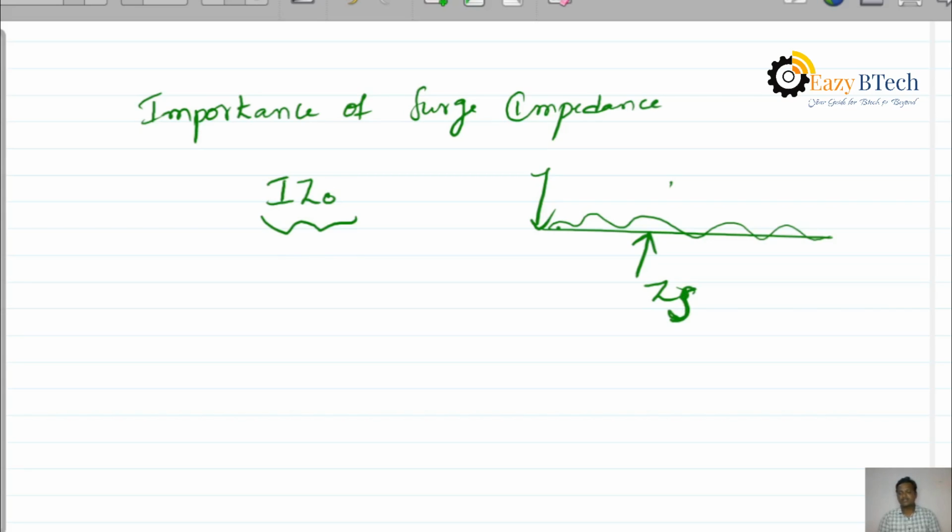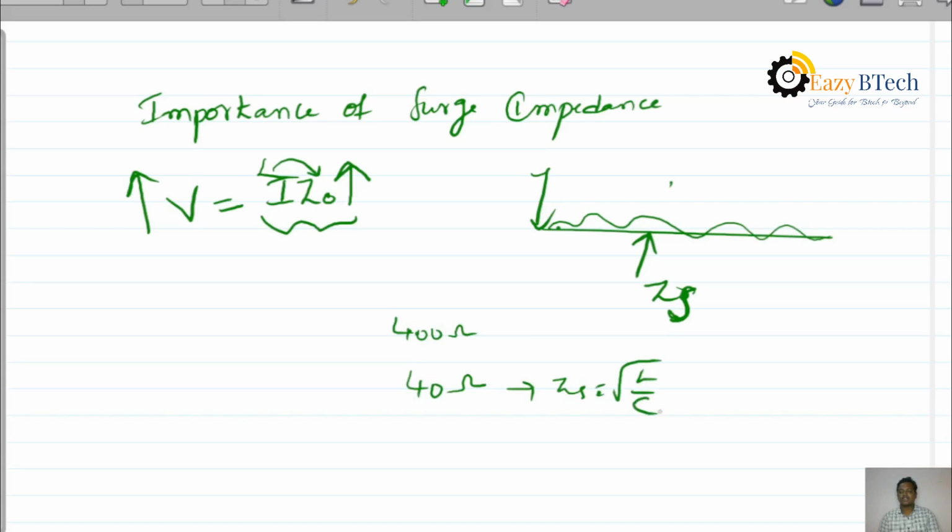If impedance is more, obviously current is less. If impedance is more, the I into Z naught drop also increases. If Z naught is more, then obviously the voltage across that particular device is more. For example, for the overhead transmission system, it is around 400 ohm. For underground cables, it is 40 ohm, because in the formula of ZS root L by C, the capacitance value is more in underground cables.